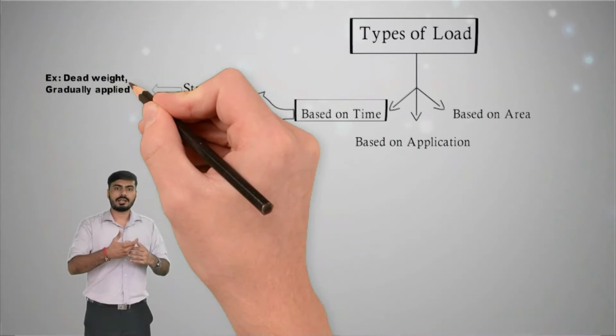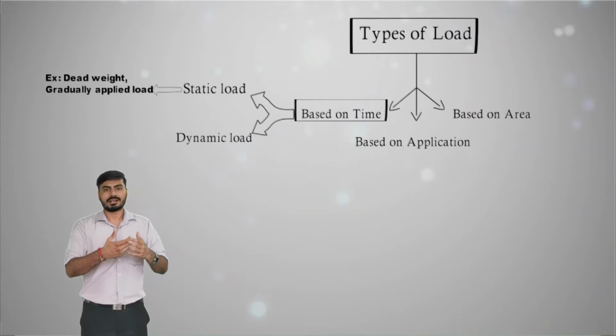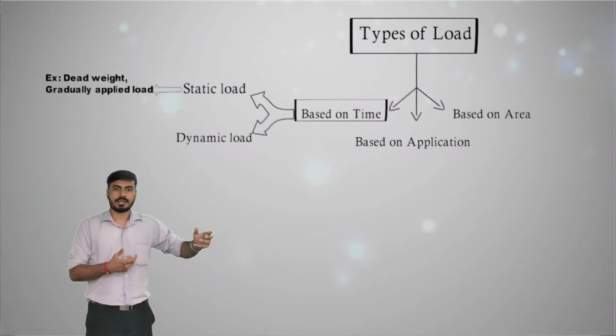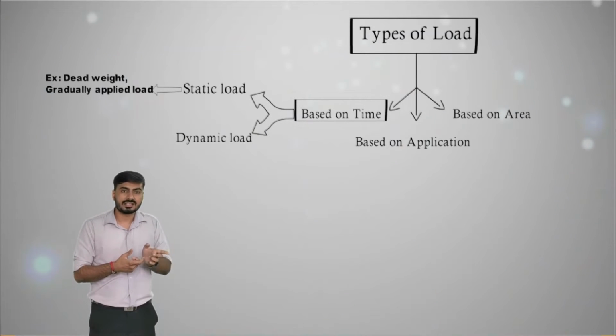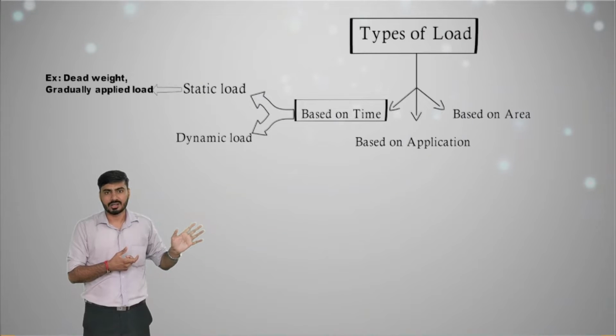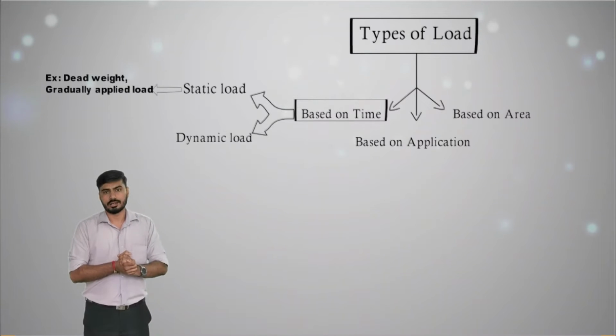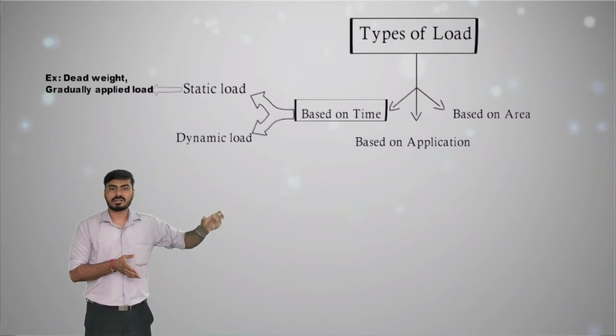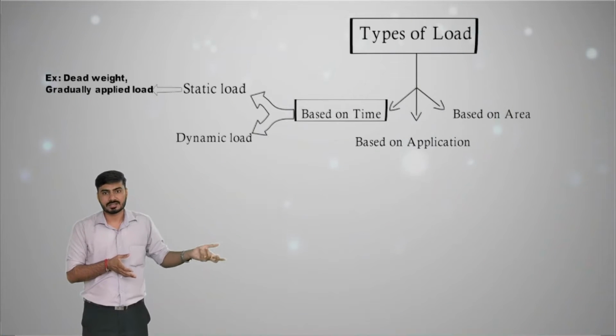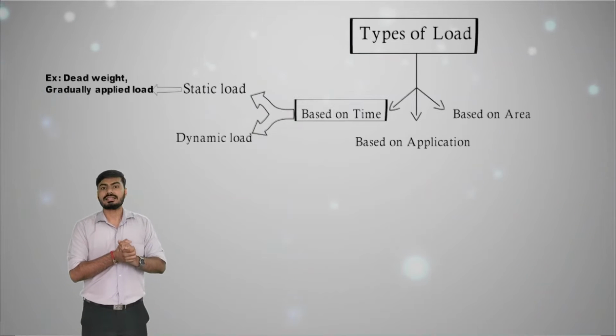We can say that if the magnitude of the load is fixed, let's say for example 100 kilonewton, and the direction of the load is also fixed in the horizontal right side direction, then we can say that the load is static. And even after 1 hour, if the magnitude and direction are unchanged or fixed, then the load is also known as a static load.